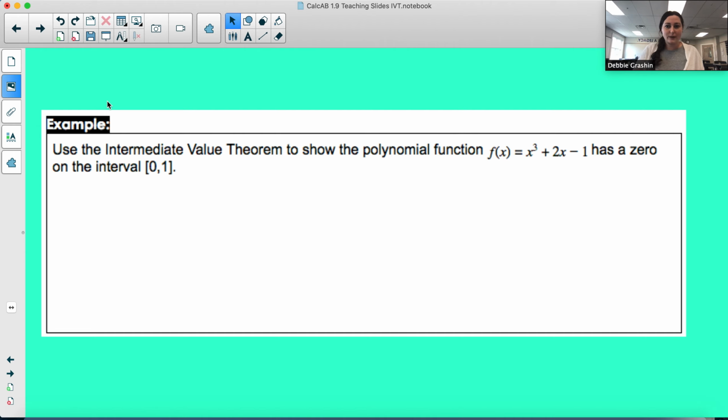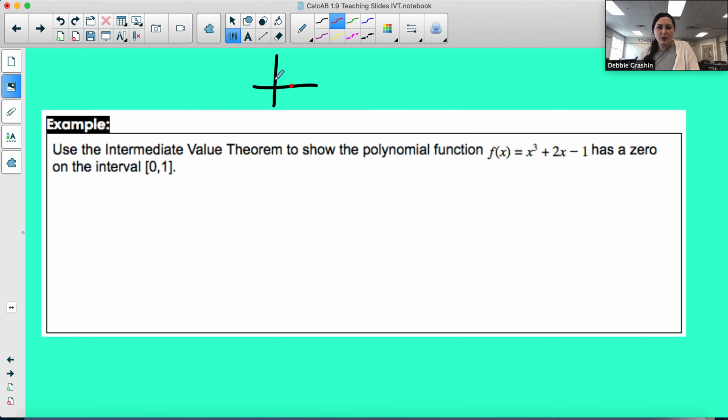Intermediate means in between. So, use the intermediate value theorem to show the polynomial function has a 0 on the interval from 0 to 1. Just to be clear, a 0 just means a root or solution, somewhere where it crosses or hits the x-axis. We want to guarantee there's a 0.